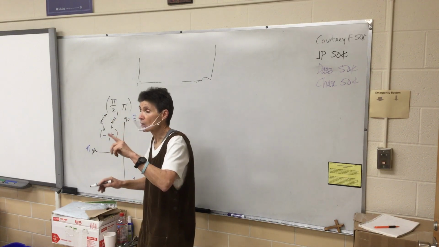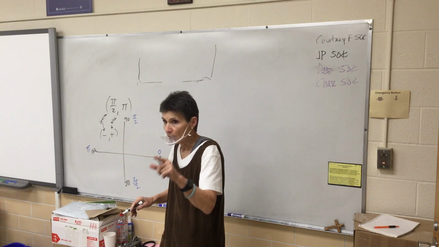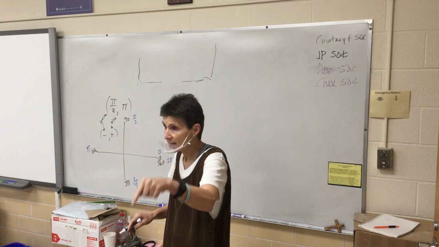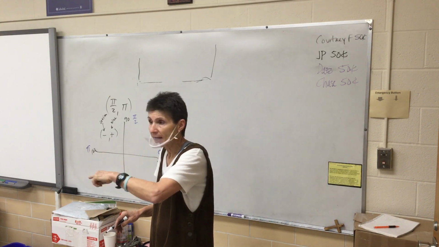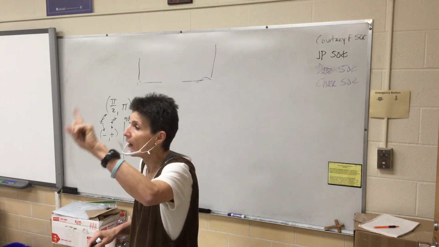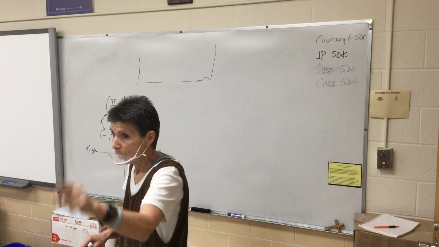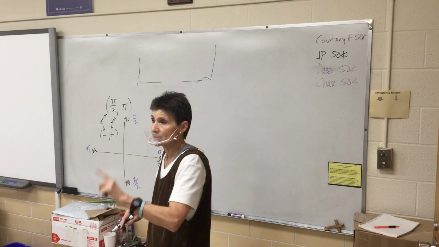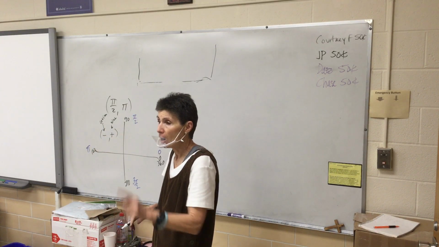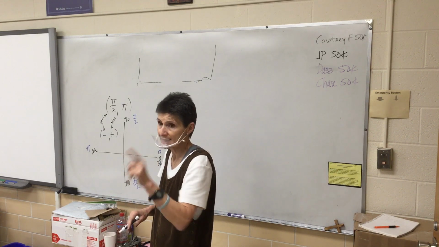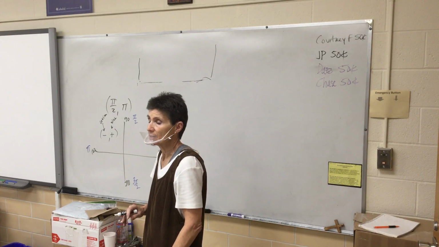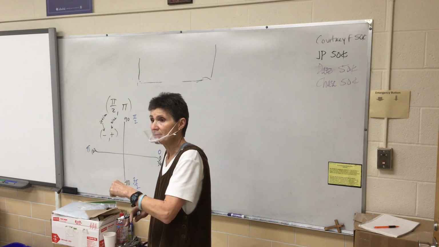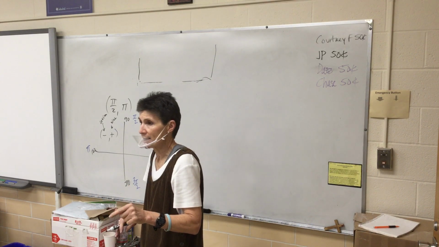Now, before you start getting confused, look at your yellow sheet. How is sine defined? Not opposite over hypotenuse. What's the other definition of sine? Y over r. R is always positive. R is the hypotenuse. It's the radius. It is always positive. So the sign of the sine depends totally on y.